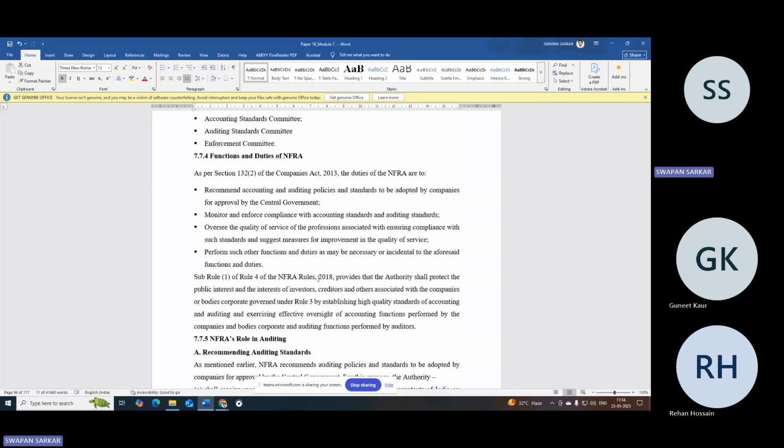First of all, to recommend accounting and auditing policies and standards to be adopted by the companies for approval by the central government, monitor and enforce compliance with accounting standards and auditing standards, oversee the quality of service of the professionals associated with ensuring compliance with such standards, and suggest measures for improvement in the quality of service, and finally perform such other functions and duties as may be necessary or incidental to the aforesaid functions and duties.